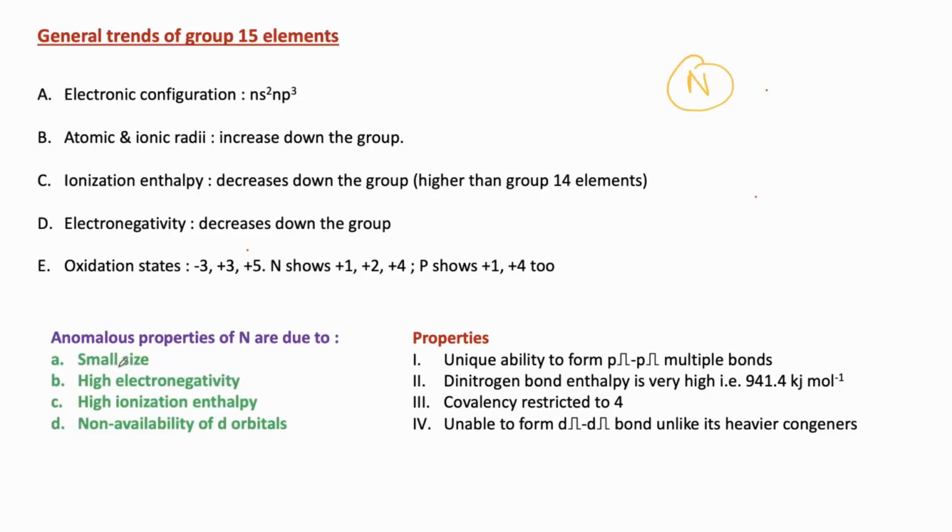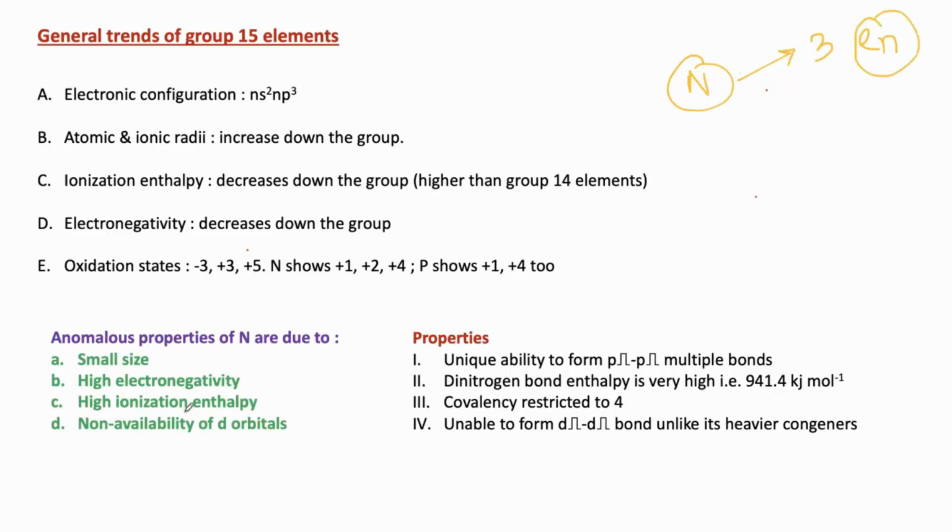The first reason is the very small size of nitrogen. Since the principal quantum number of nitrogen is 2, its size is very small compared to the other elements in the group. It has a high electronegativity; as I told you, on the Pauling scale the electronegativity of nitrogen is 3, so it is a highly electronegative element.